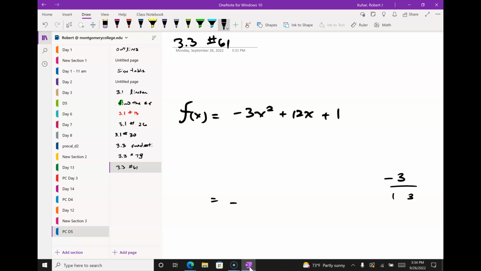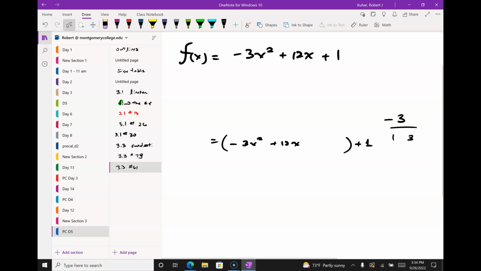So we're going to group our -3x squared and our 12x together and leave out the 1. I'm going to factor out what number? Negative 3. And I'm going to be left with x squared minus 4x. Remember, after I do something, I want to double check it and make sure it's going to work, right?